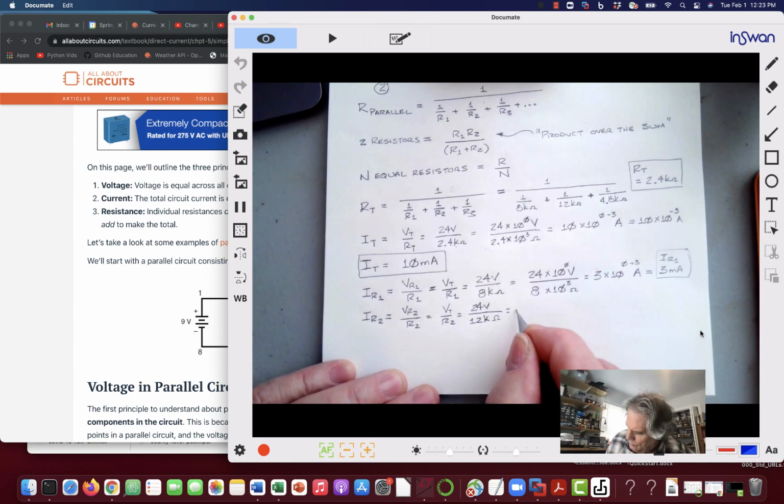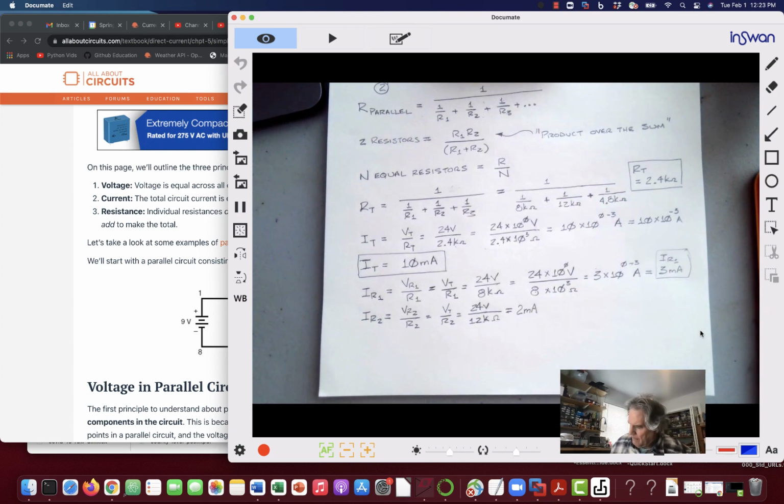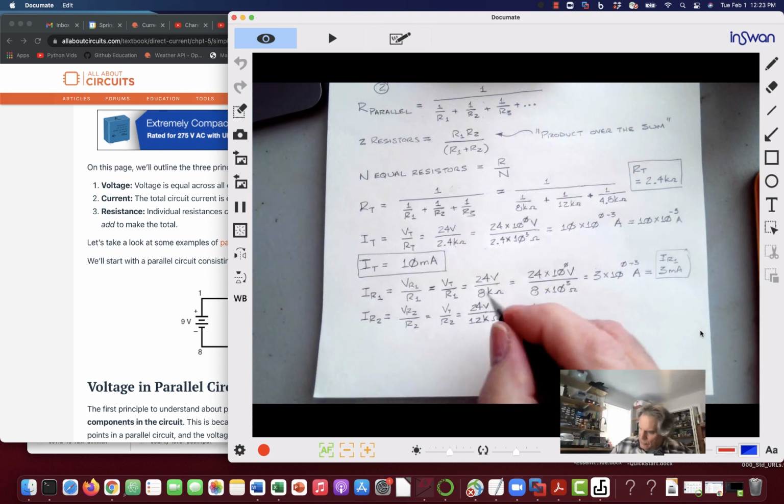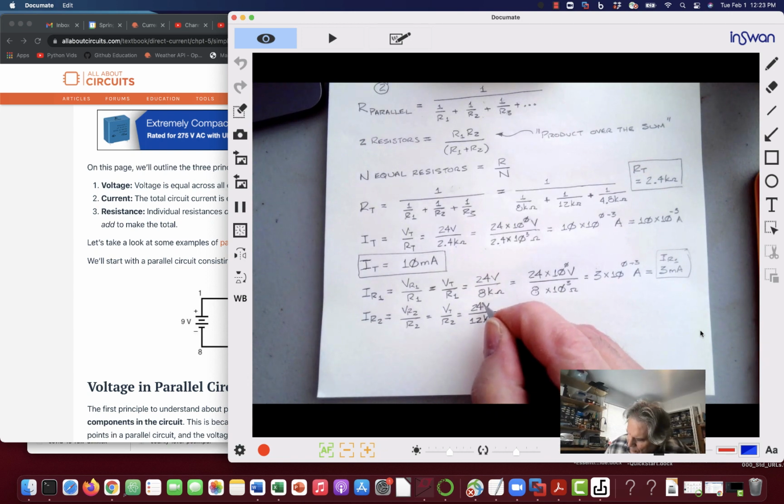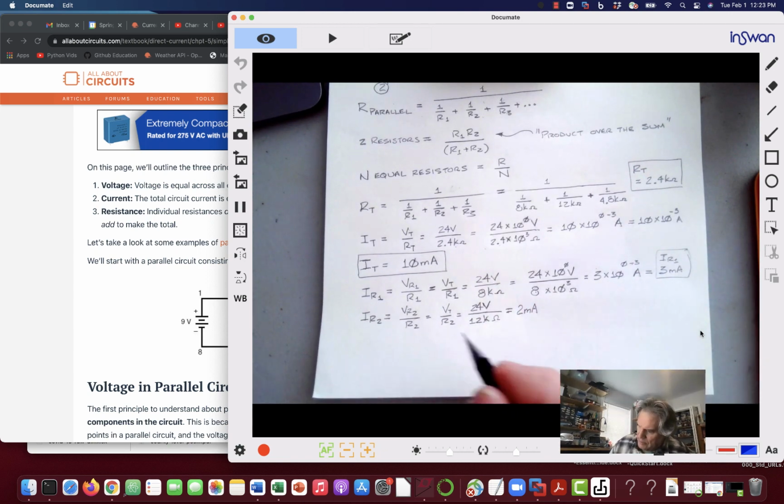And that's equal to 2 milliamperes. Okay? And for the reasons we've shown above, volts divided by K will give you milliamperes.